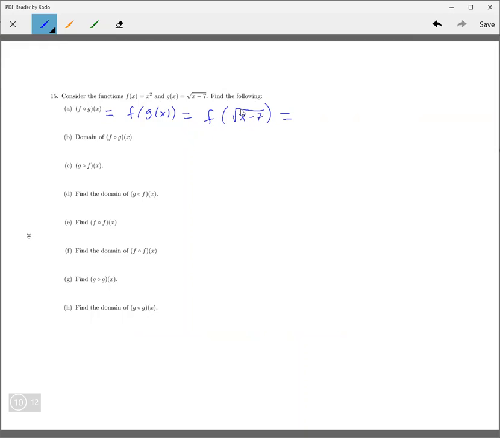Then here, the x got replaced with the square root of x minus 7, so I replace this x with the square root of x minus 7 in parentheses. And the square root and the square kind of just cancel each other out. So we get that one.